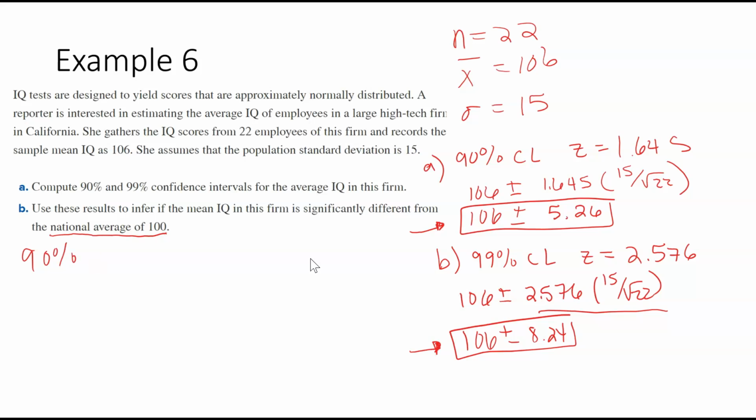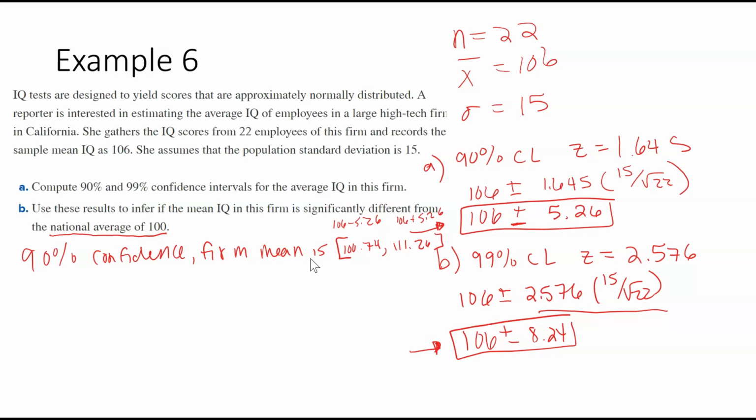With 90% confidence, we can say the firm mean is between, and I'm going to write it in set notation here, 106 minus 5.26, which gives 100.74, comma, 106 plus 5.26, which gives 111.26.